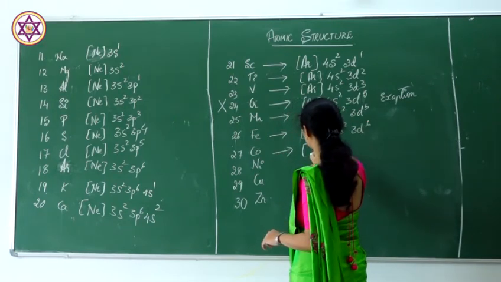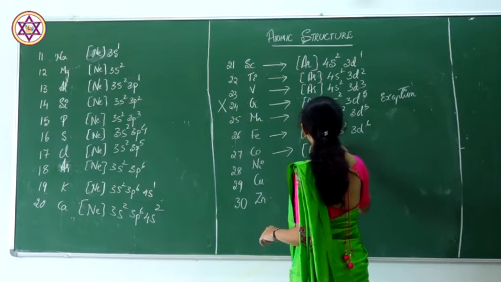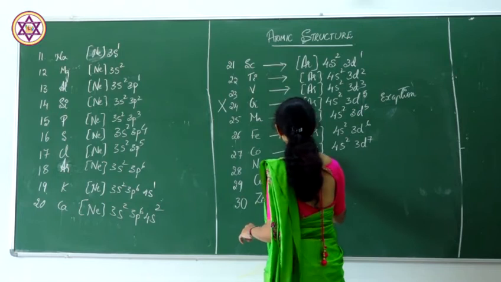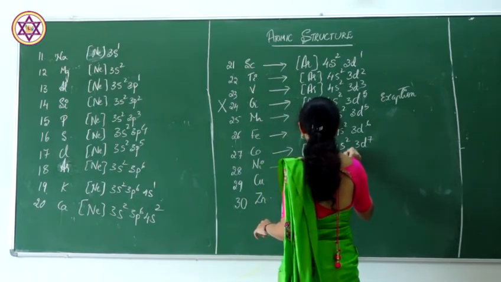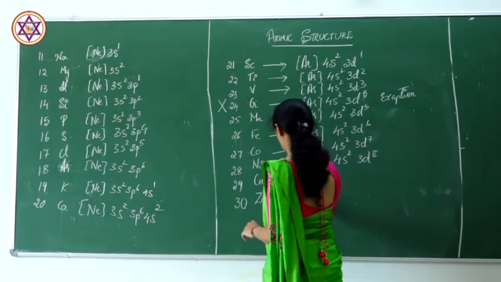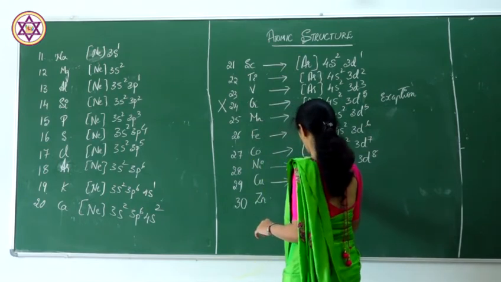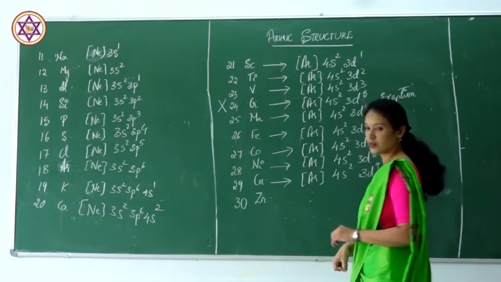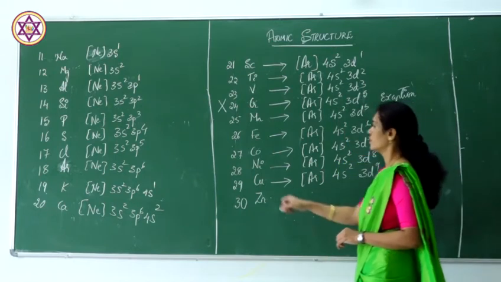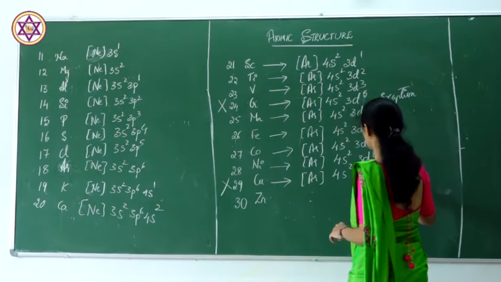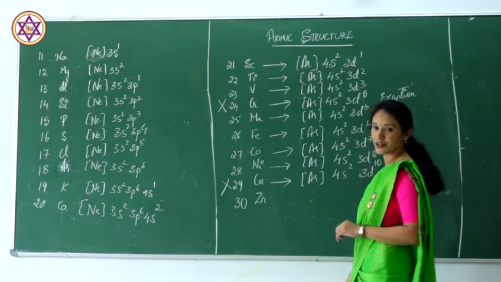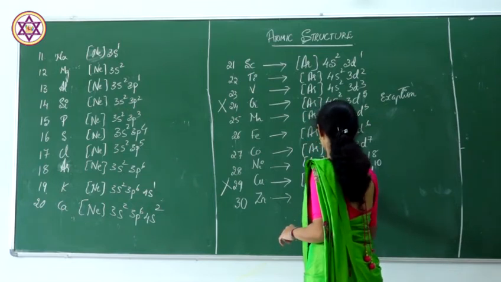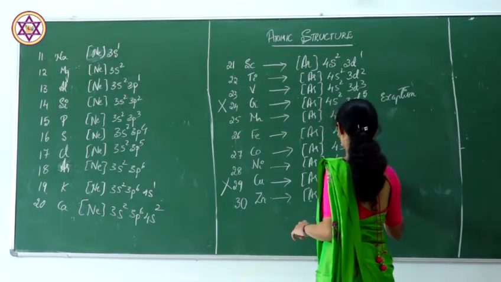Then cobalt, argon, 4s2, 3d7. Nickel, argon, 4s2, 3d8. For copper, argon, 4s2, 3d9. Is it 3d9? No. Even this is an exceptional case. It is 3d10 here. Then for zinc, argon, 4s2, 3d10.